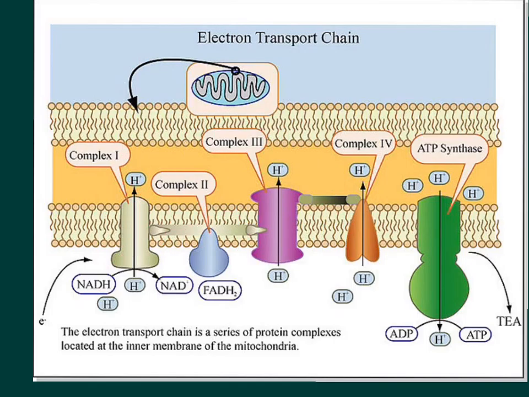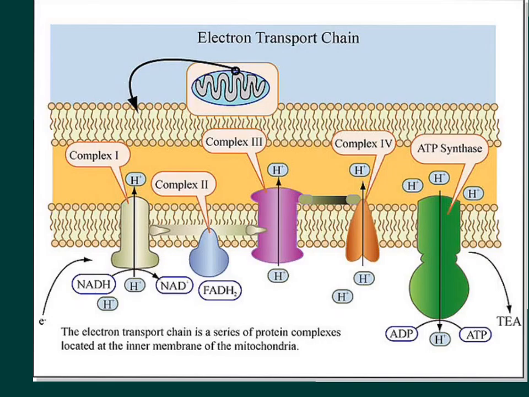The mobile electron carrier, UQ, carries the electrons from complex 1, NADH dehydrogenase, to complex 3, cytochrome BC1, ultimately passing over complex 2. The mobile electron carrier, Cyt C, then carries the electron from complex 3 to complex 4, cytochrome oxidase.